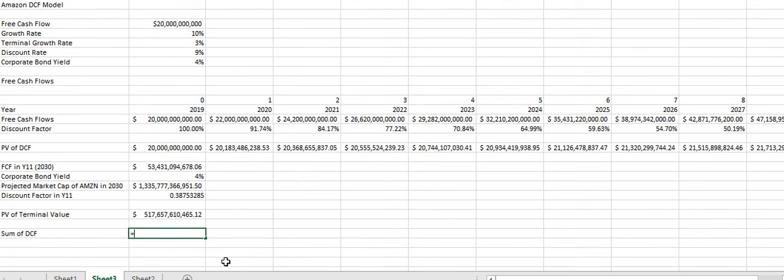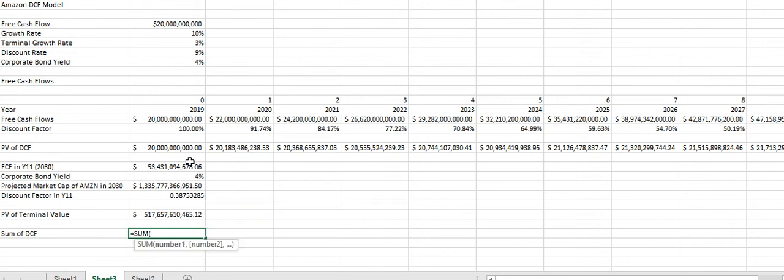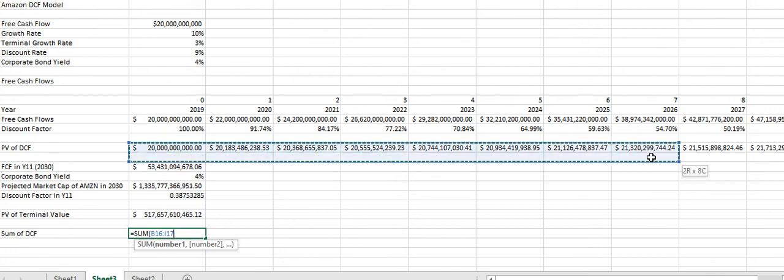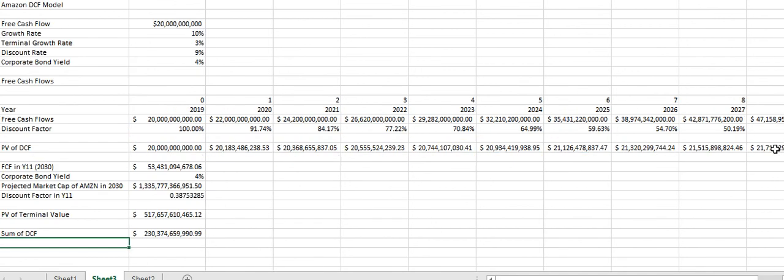So we're going to take the sum of, see right here in the row, PV of DCF, that's present value of discounted cash flow. We're going to take the sum all the way up to year 10, 230 billion, okay?